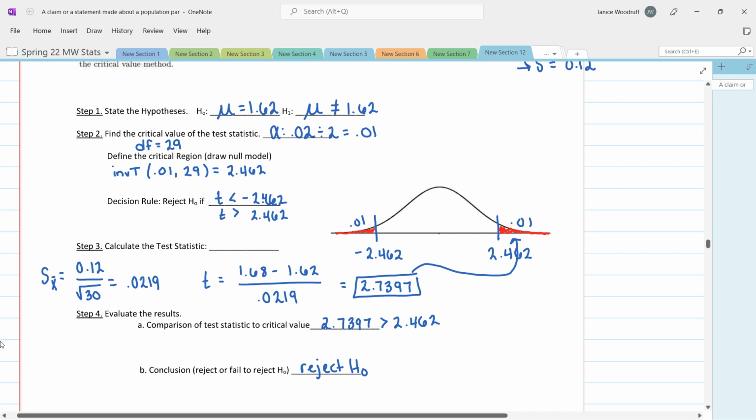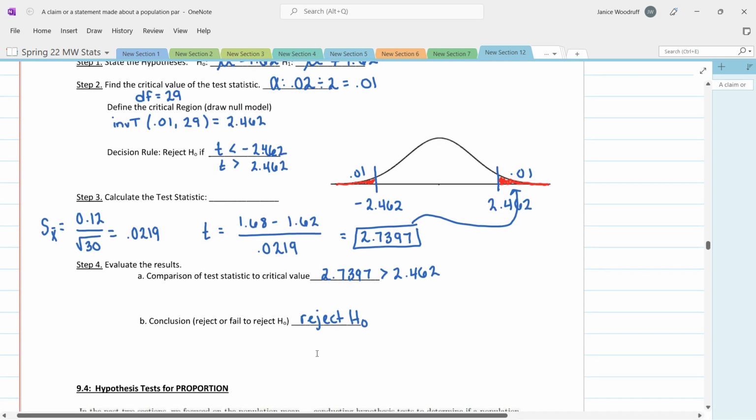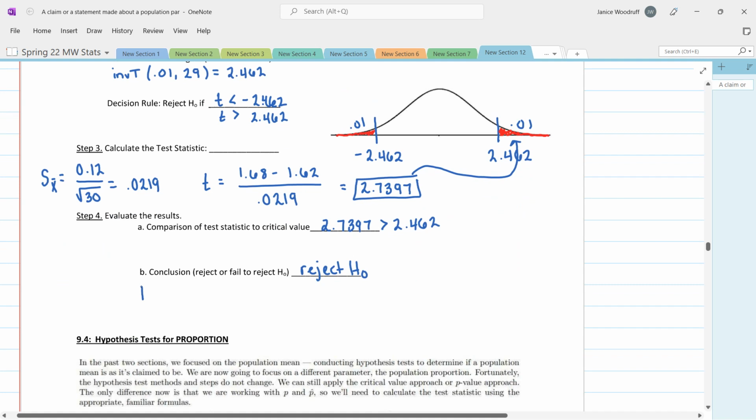Okay, let's go ahead and do p-value. So for the p-value, it's a positive value, so it's on the right. So we would go TCDF, and then we would go 2.7397, 99, and then our degrees of freedom, which was 29.